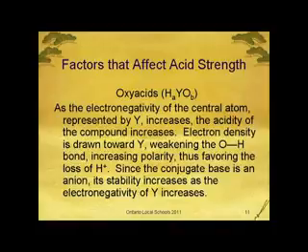Since the conjugate base is an anion, its stability increases as the electronegativity of Y increases. And again, we can describe the loss of the H+ as the ionization of H+ in aqueous solution, and that is acidic behavior.